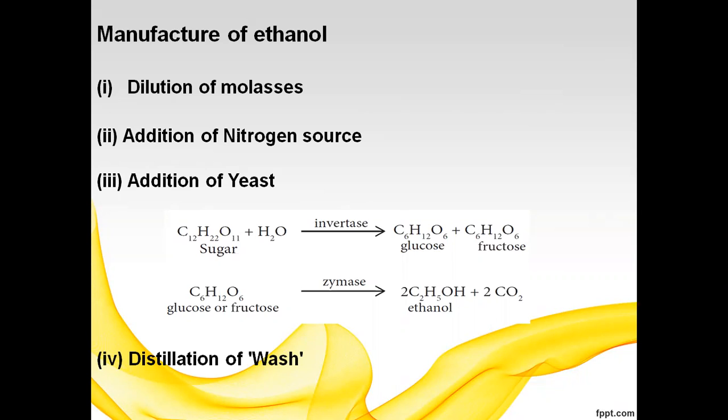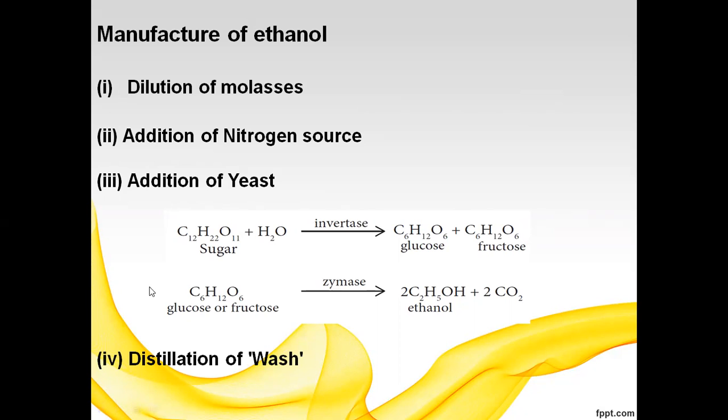After a few days, the enzymes invertase and zymase present in yeast convert the sucrose into ethanol. Okay, so this is the invertase and zymase action for a few days in fermentation tanks.